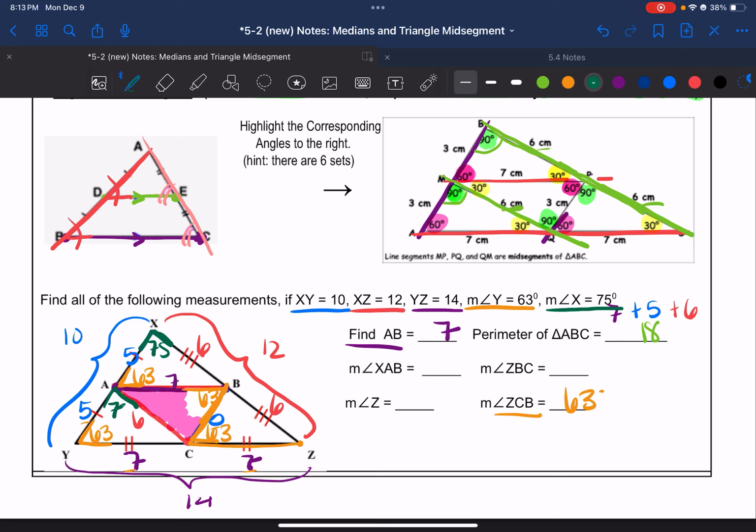So this is 75 degrees because that's corresponding. And then alternating, this is also going to be 75 because they are alternating across, and they're also sandwiched between 5 and 6. And then alternating as well, and that's one of them as well, is Z to B to C is 75 degrees.